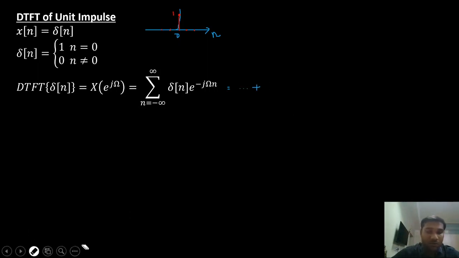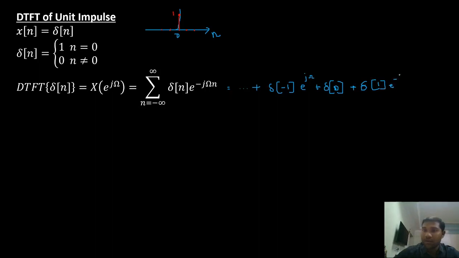When n is equal to minus 1, it is del of minus 1 into e power j omega. When n is equal to 0, it is del of 0 into e power 0, which is 1. When n is equal to 1, it is del of 1 into e power minus j omega, and so on.